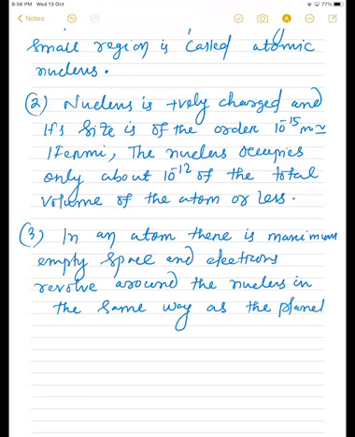This one you have studied in atomic structure, I think. Yes or no? As the planets revolve around the sun. Correct.